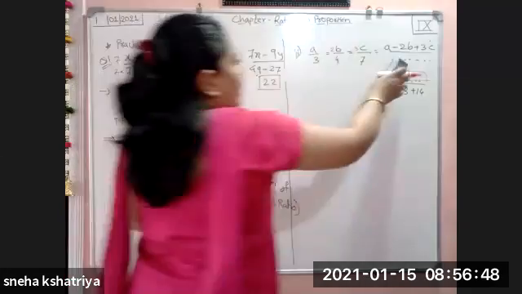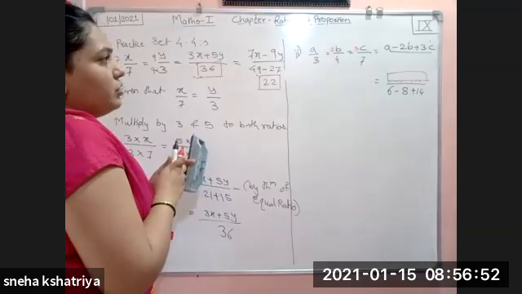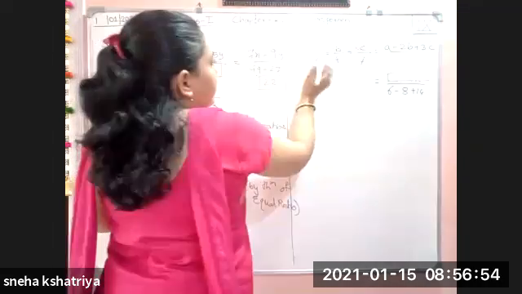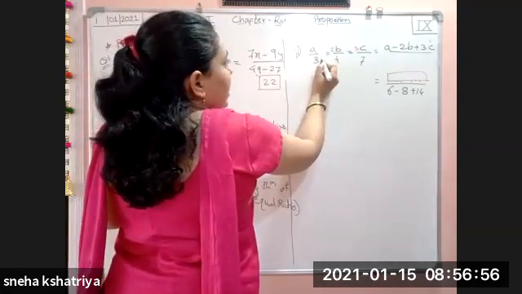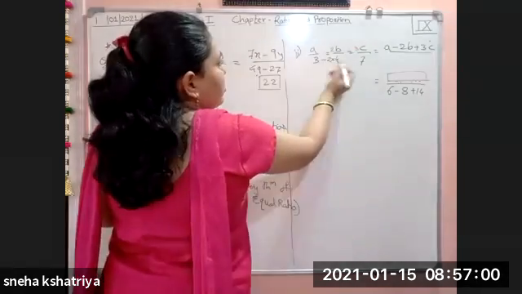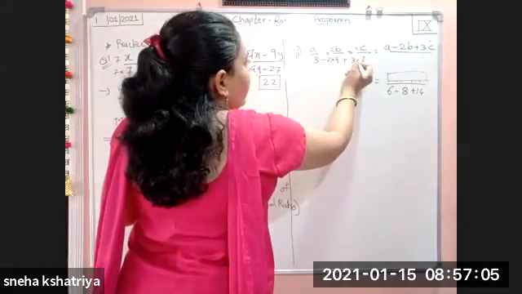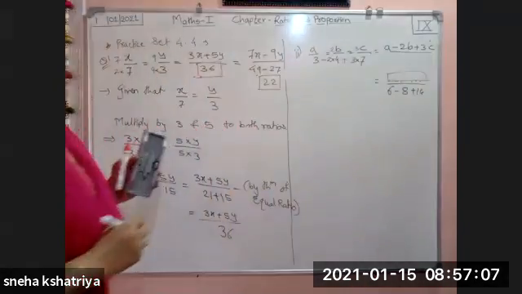So what you will get at the denominator? You have to multiply accordingly, right? Here nothing is multiplied, it will remain as it is. In between minus sign is there, so 3 minus 2 is multiplied, so 2 into 4. Next, plus sign is there, so 3 into 7. 7 3s are 21.